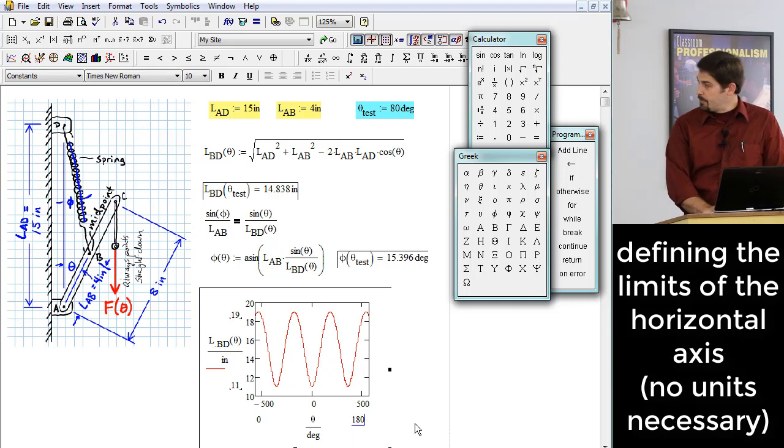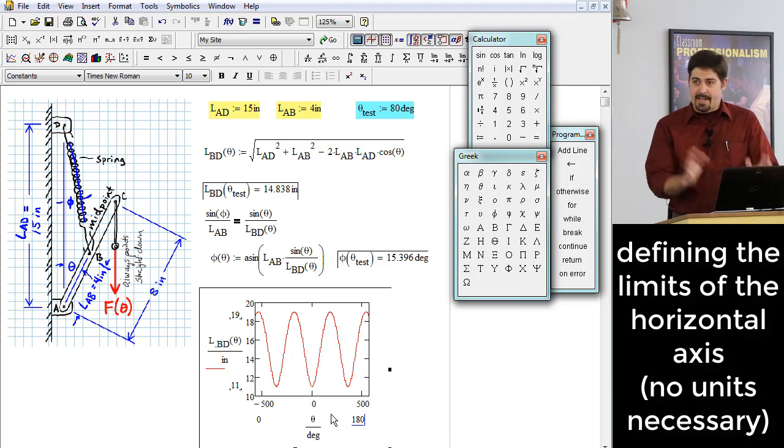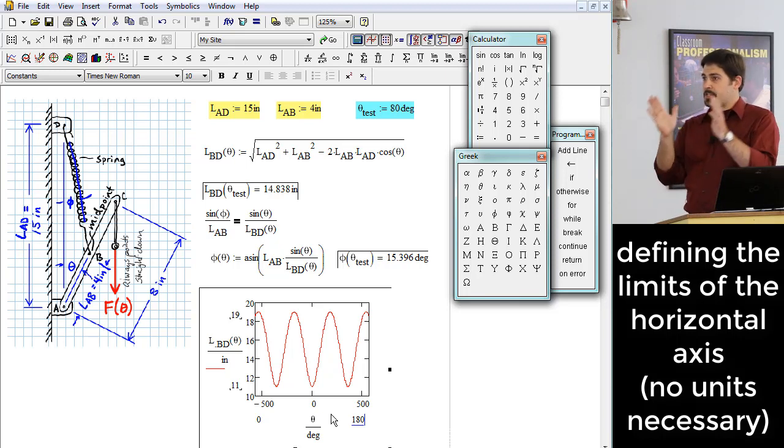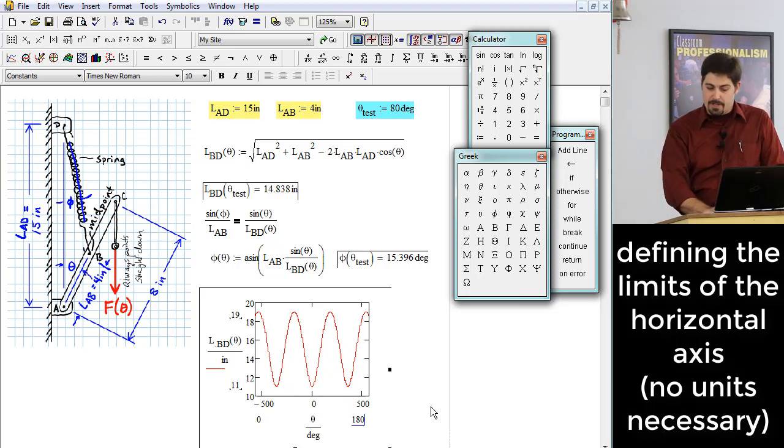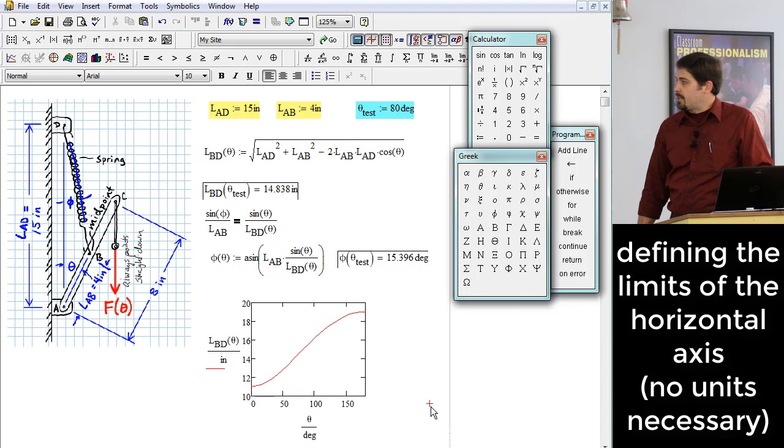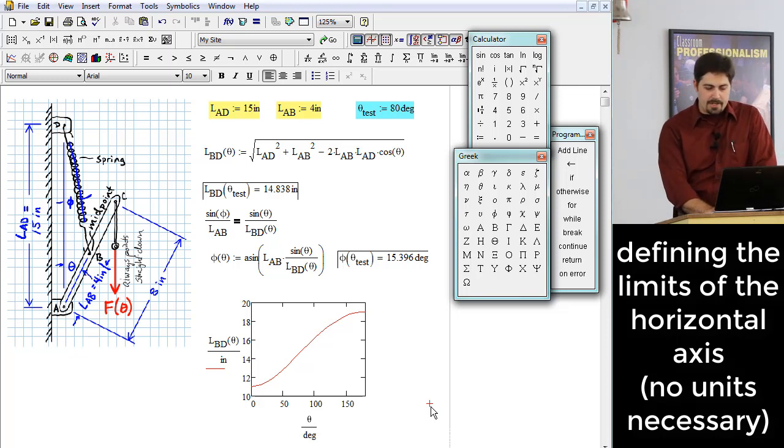And what you're doing for setting these limits on this axis down here is setting those limits as numbers associated with the variable with the units that you'd like to see. Then you just put in 0 to 180, and that gives you this plot for the length of BD in inches going from 0 to 180 degrees. It's pretty cool, huh?